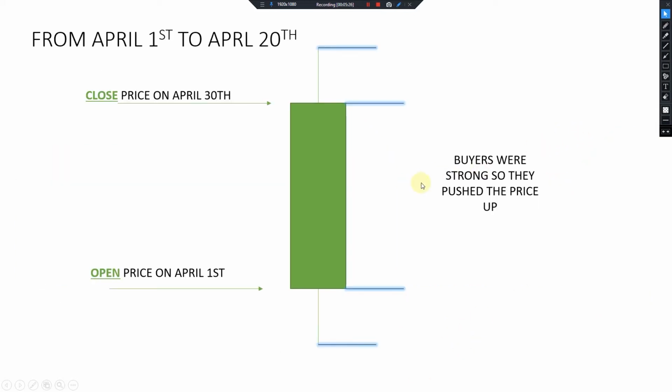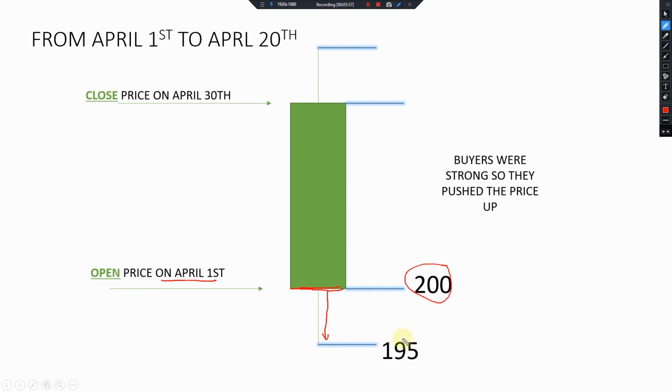Now let's see how a candlestick can be formed based on that rise. On the 1st of April, this is called the open. Let's say the price opened at 200, and the price came a bit down, which made it 195.